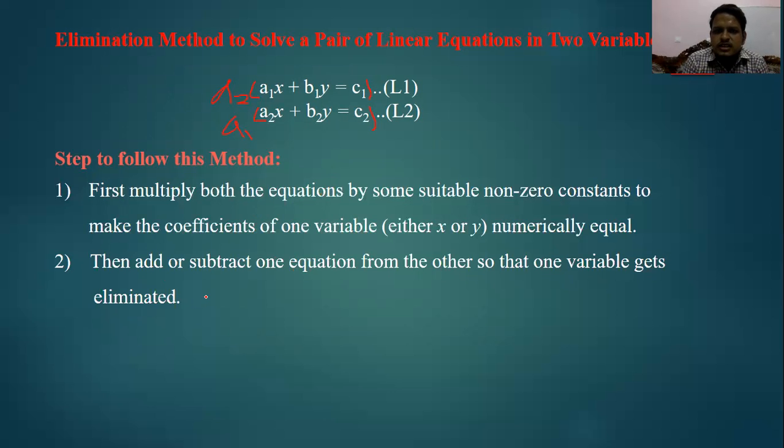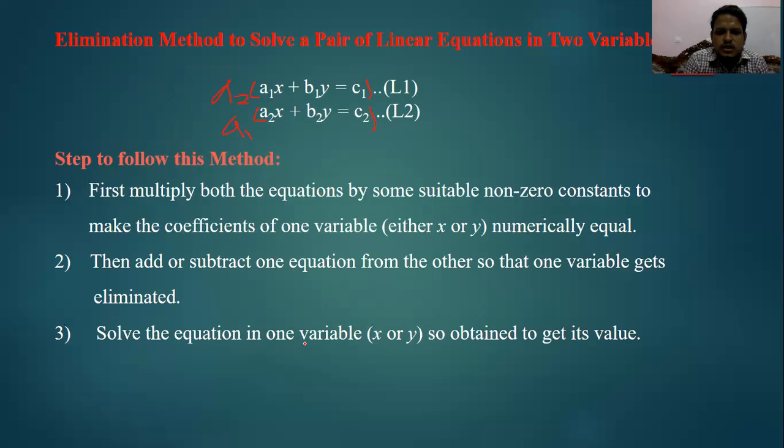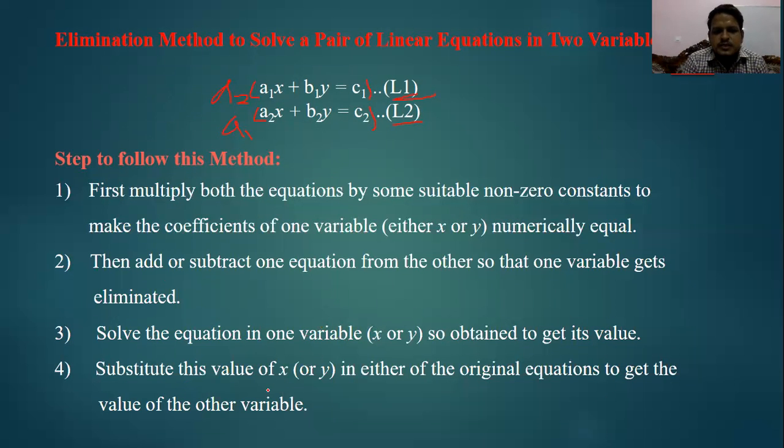And after that, we will find the value of the remaining variable. In the third step, we solve for the one variable and obtain its value. After that, we put the value of that variable in the given equation, either in L1 or in L2, to get the value of the other variable. Substitute the value of x or y in either of the original equations to get the value of the other variable.